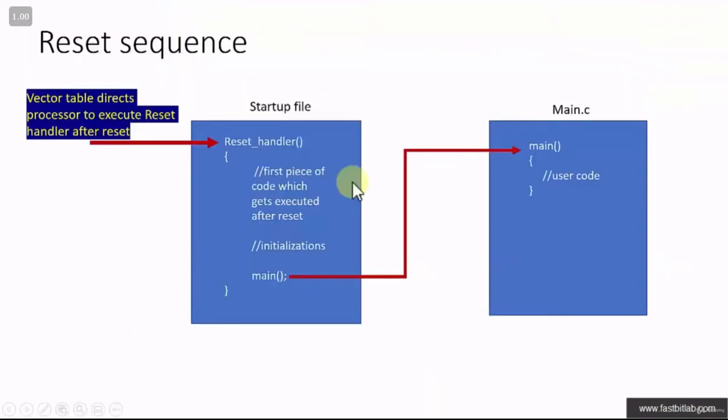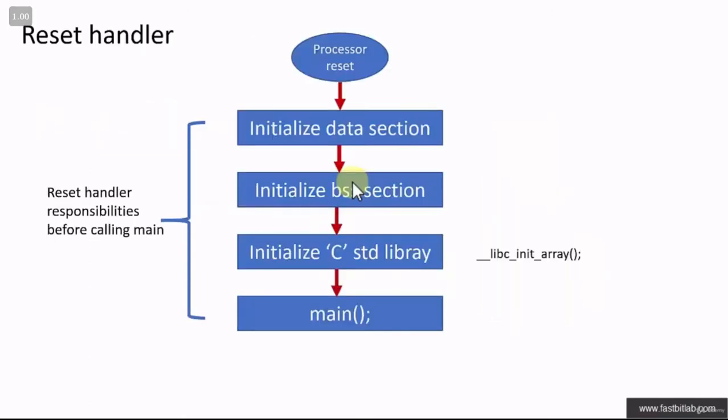What's the job of the reset handler? The job of the reset handler is to do some early initialization, and after that it calls the user program, that is, the main function of the project. Usually the reset handler does initialization such as data section initialization, BSS section initialization, and initialization of the standard C library if it is used.